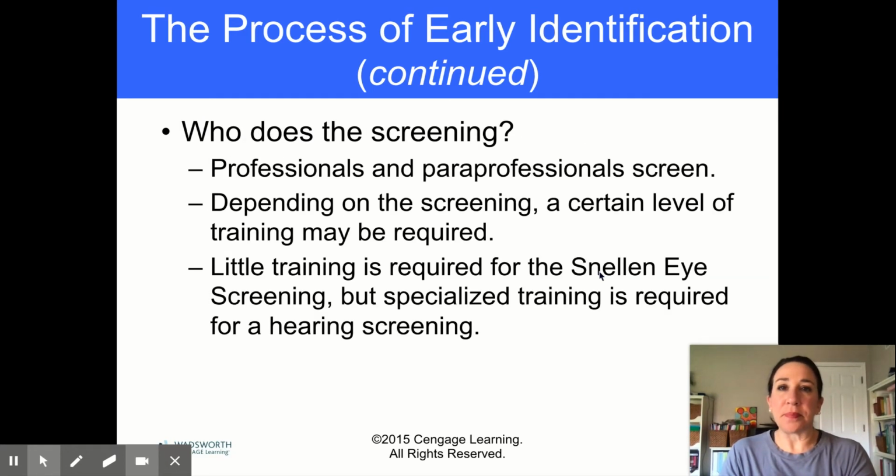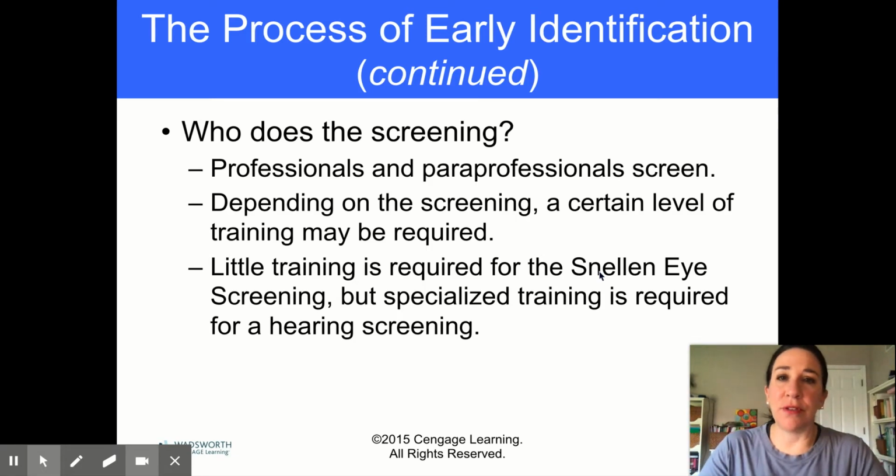Okay. So, who does the screening? Professionals and paraprofessionals do the screening. It's not necessarily something that parents or classroom teachers should be doing. But if you know the basics of it, it is a good place to start.